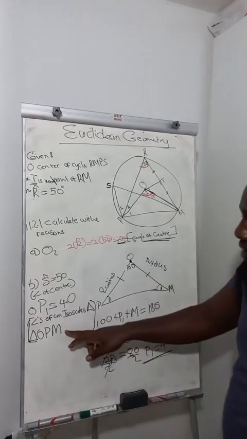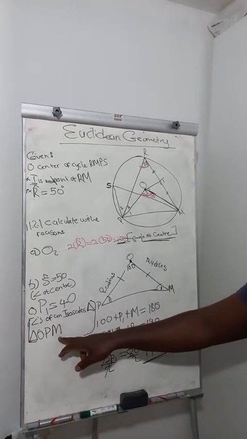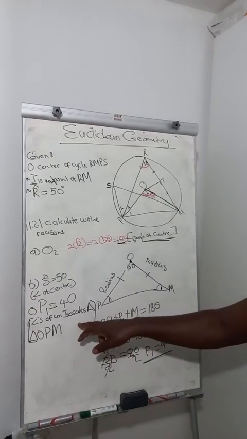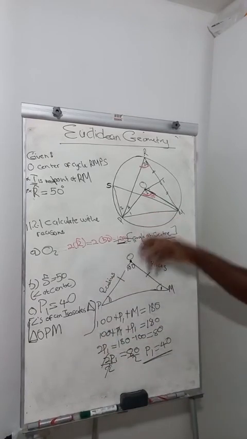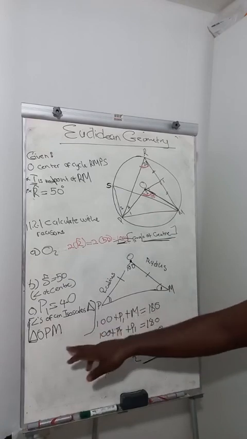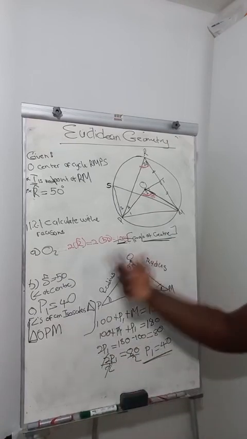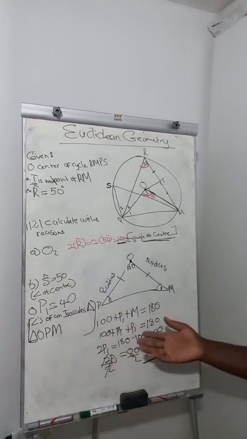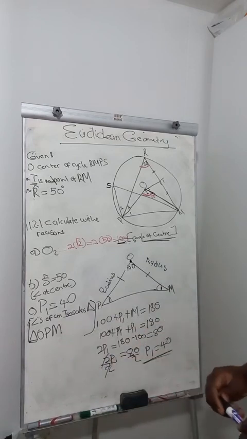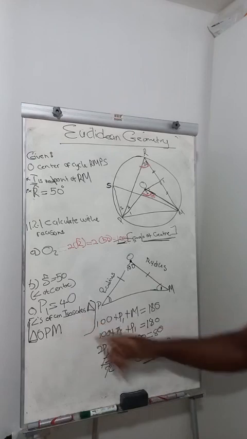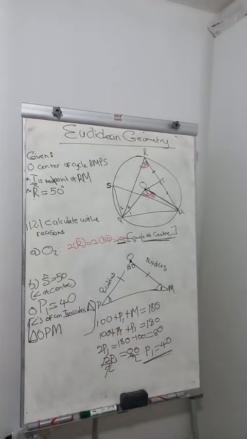If you're writing and you include a triangle like this, you need to name that particular triangle, because others just say angles of an isosceles triangle and don't name the triangle. Then an examiner marking can give you a wrong, because we don't know which triangle you are referring to. So you need to name the triangle you are referring to.